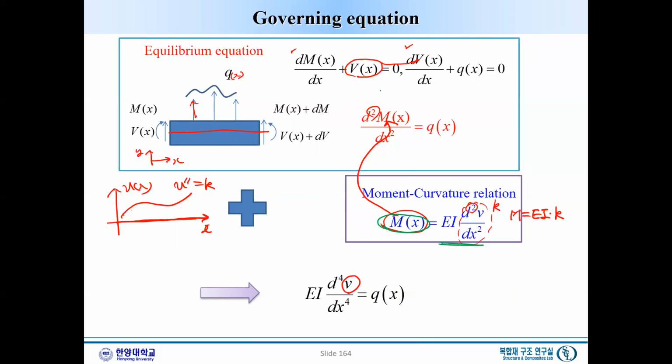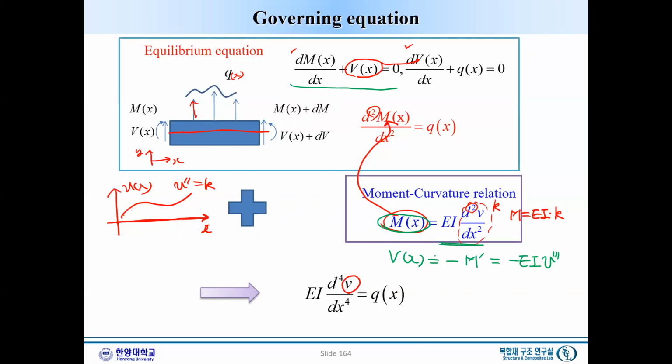And also there is an equation from here: V(x) is the minus of the moment derivative. So this one will be minus EI V third derivative.